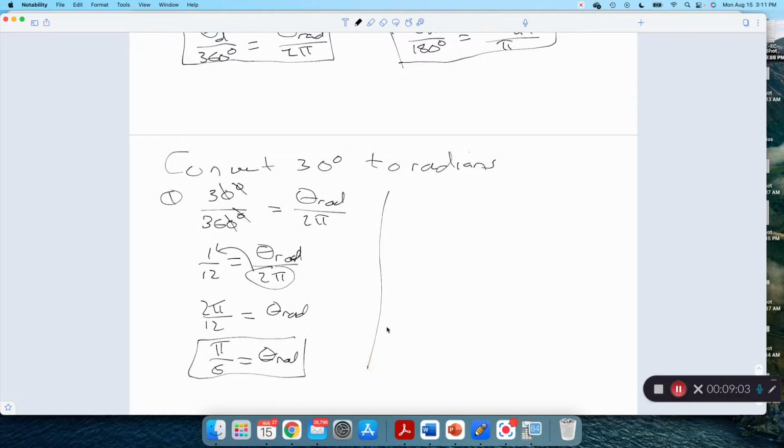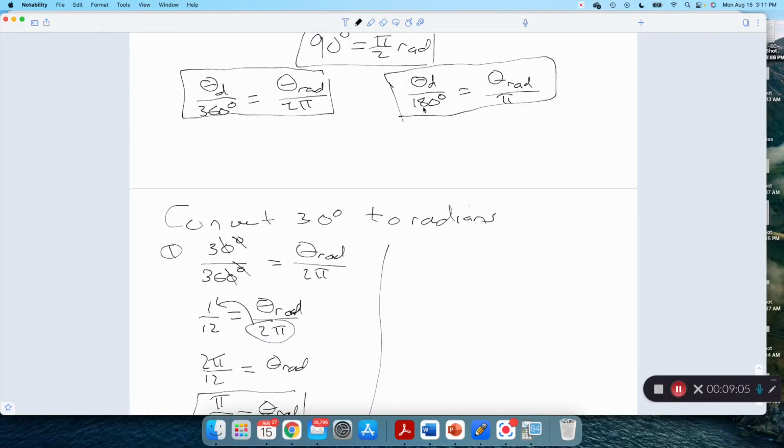Or I could use this proportion here. Mathematically, it's the same. I'm just going to have less arithmetic to do. My angle in degrees out of 180 is that same angle measured in radians out of pi.